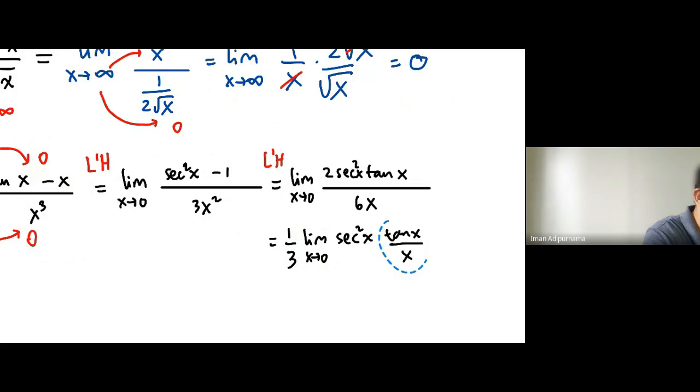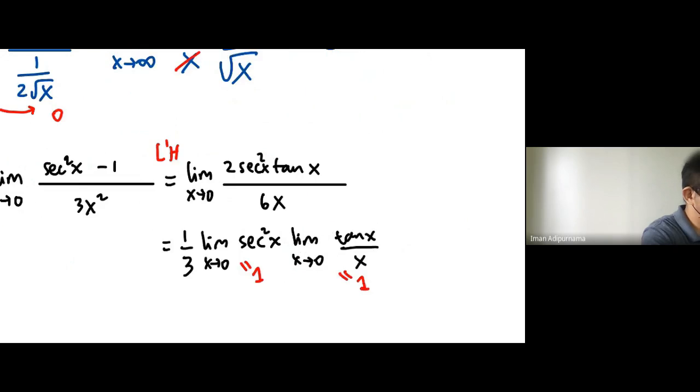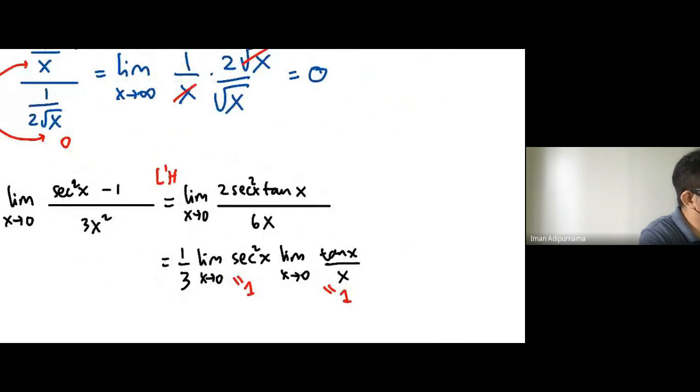Or I can make this separated and make it limit x. This one is 1. And limit x approaching 0, tangent x over x is also 1, right? This is because I hope you still remember the definition on sine, if you have limit of sine, this is 1.